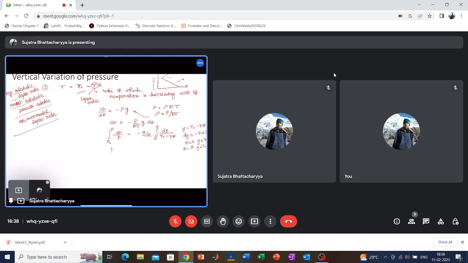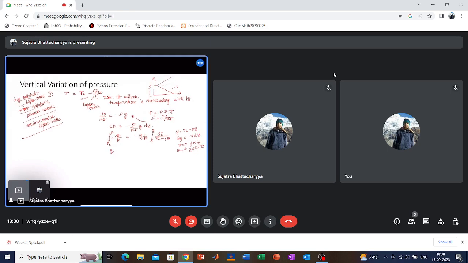So this will be log p by p naught, and that will be equal to minus g by r, and this becomes dz. dz can be written as dy upon minus gamma, isn't it? And what is left behind is y, which goes from t naught to t naught minus gamma z. Correct?